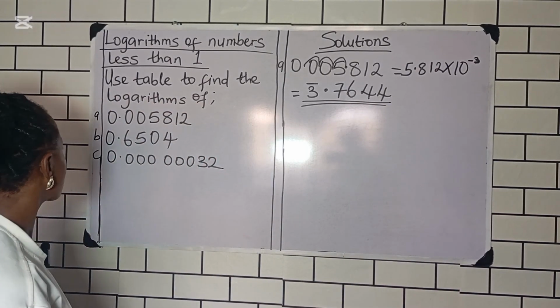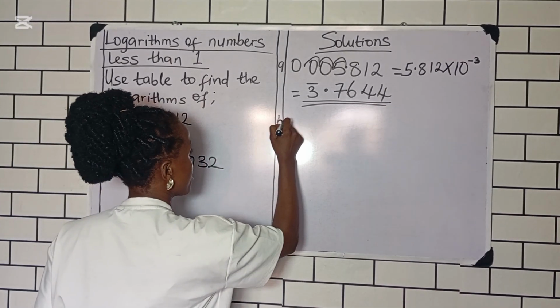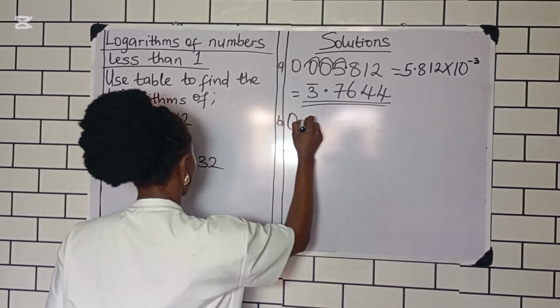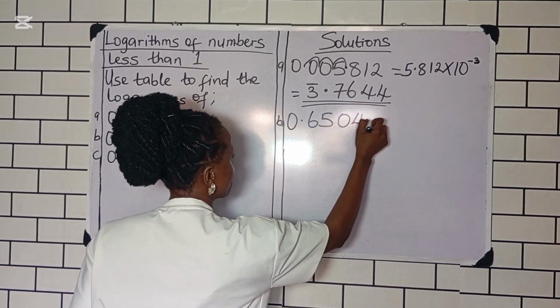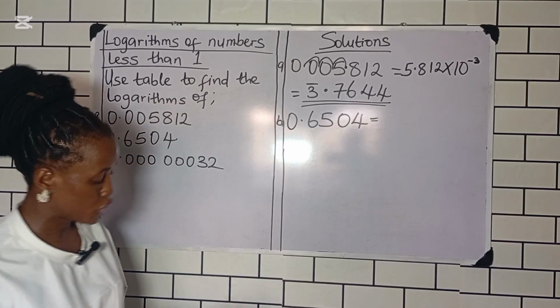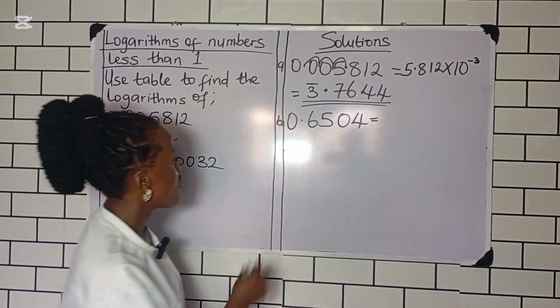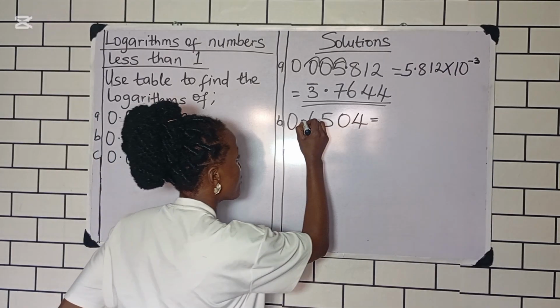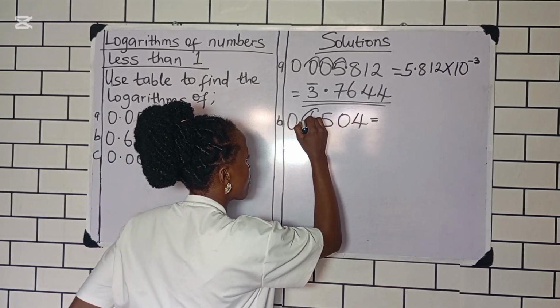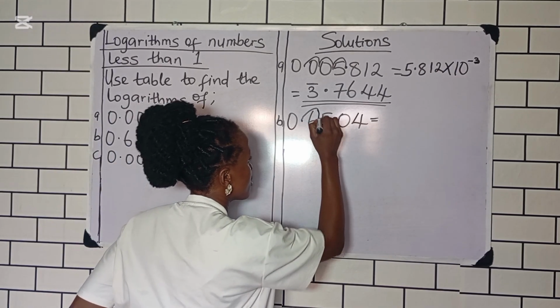Now question number 2, which is alphabet B, we have 0.6504. We are still going to use the same method. First of all, writing this number in standard form, we have to bring our decimal point here.